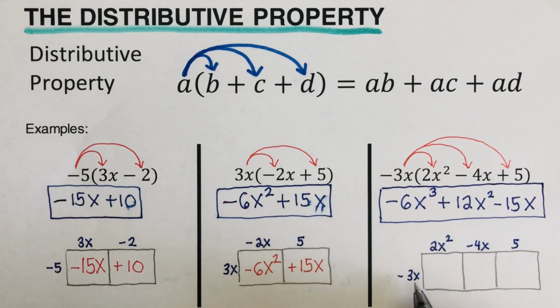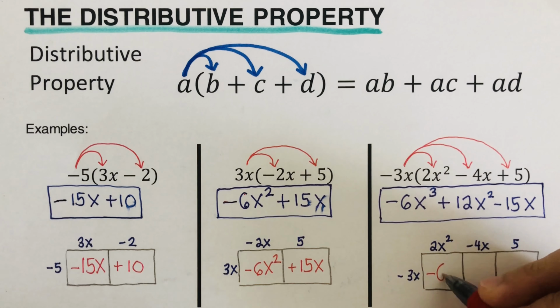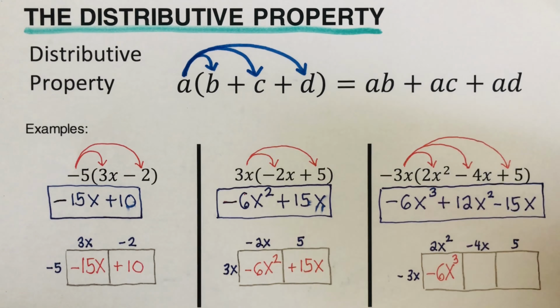So 2x squared times negative 3x is negative 6x cubed. And then negative 4x times negative 3x is a positive 12x squared. And then the last one, 5 times negative 3x is a negative 15x.